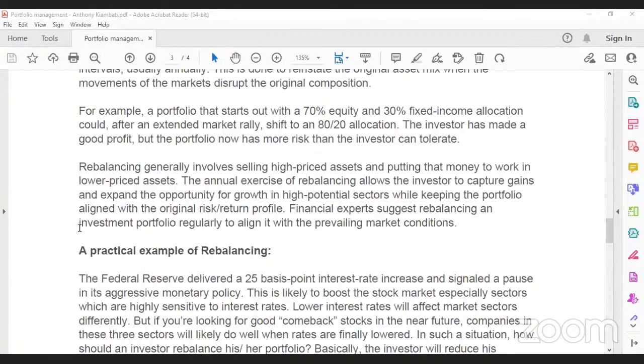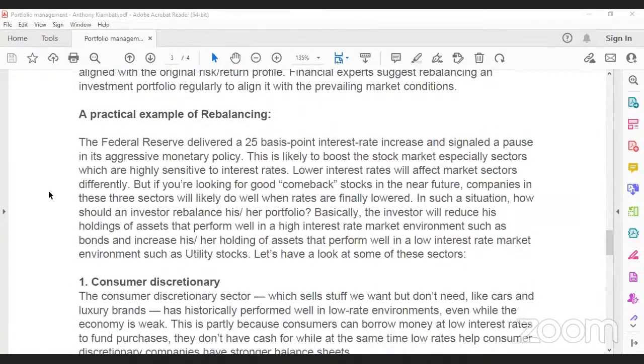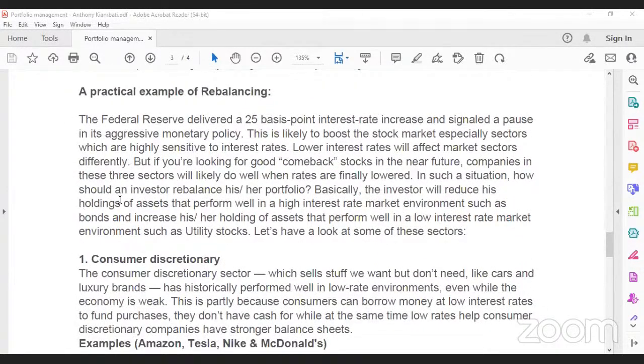Okay, let's look at another practical example of rebalancing your portfolio. For the guys who have been following the news, yesterday the Federal Reserve hiked interest rates by 25 basis points. The thing about interest rates is the Federal Reserve, the US Fed in short, uses interest rates to control basically the economic situation in the US.